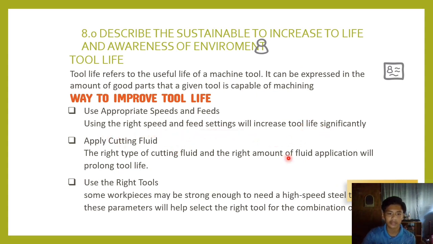Apply cutting fluid. The right type of cutting fluid and the right amount of fluid application will prolong tool life. Use the right tool. Some workpieces may be strong enough to need a high-speed steel tool. Knowing this parameter will help select the right tool for the combination form factor.